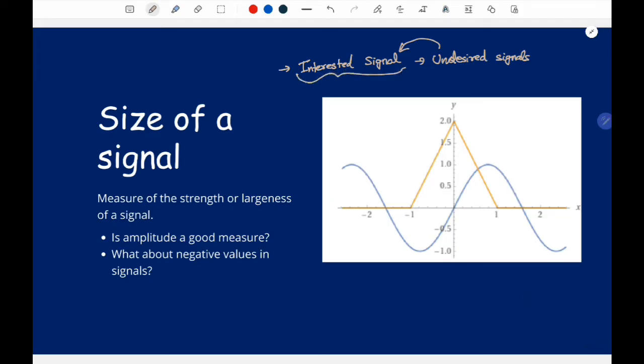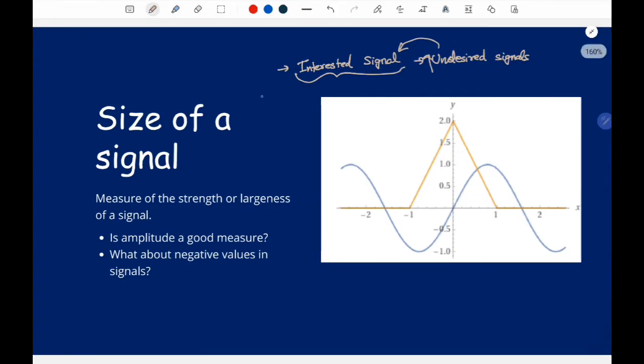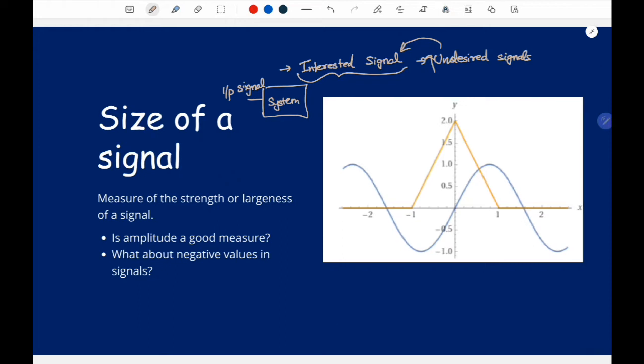So our interested signals should be sized at least a little more than these undesired signals so that we get a good transmission. In another way, when we are designing a system for a particular input signal, we may choose the system components based on the strength of the input signal, right?